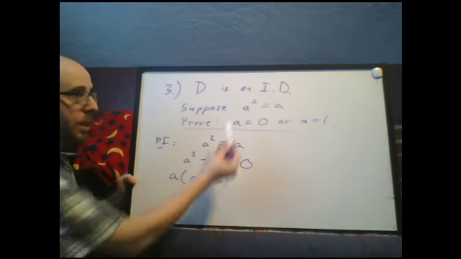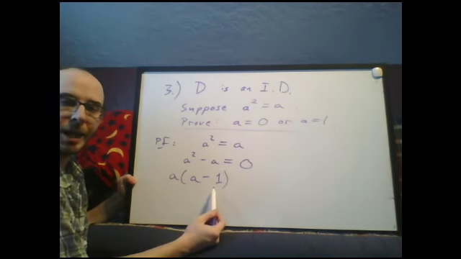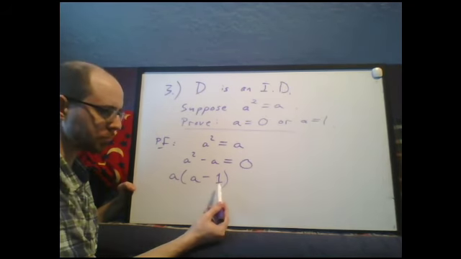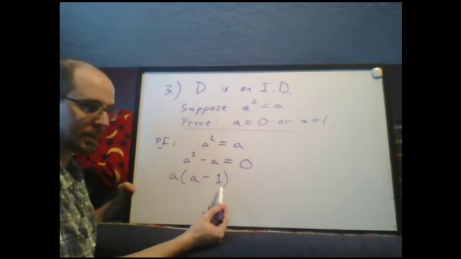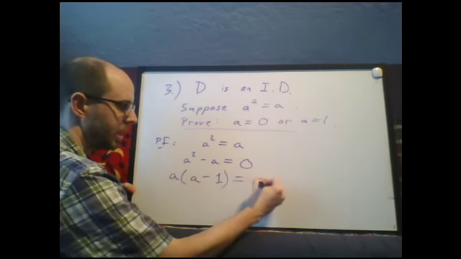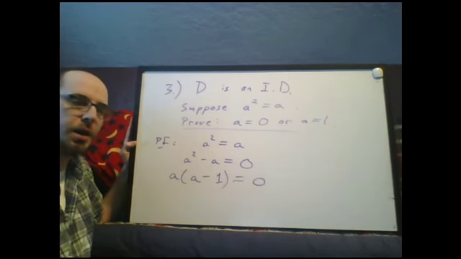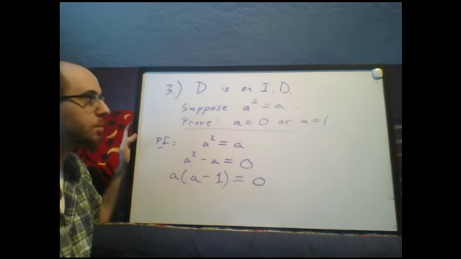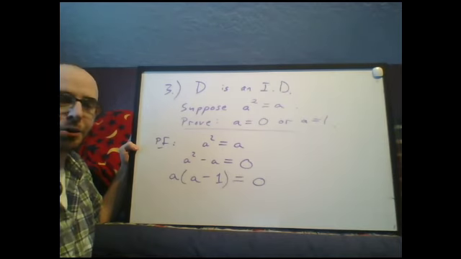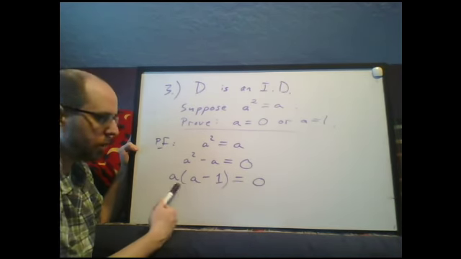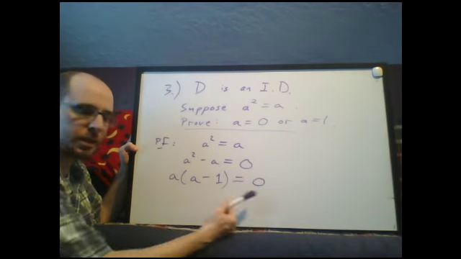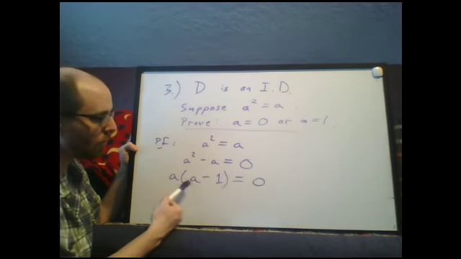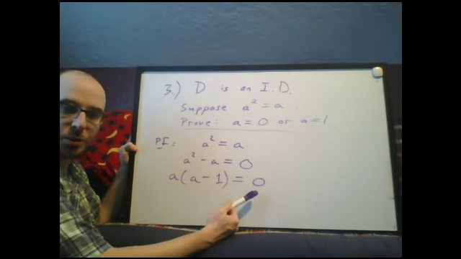I can only do this because I'm in an integral domain and there is a 1. Integral domains are commutative rings with unity, with an extra property, but they have a unity, so I have a 1 that gets left over. So a times (a minus 1) equals 0. Then my next step is the key step in this proof. In an integral domain, if we have a factorization of 0, a product equal to 0, that means one of the factors in my product equals 0 already.